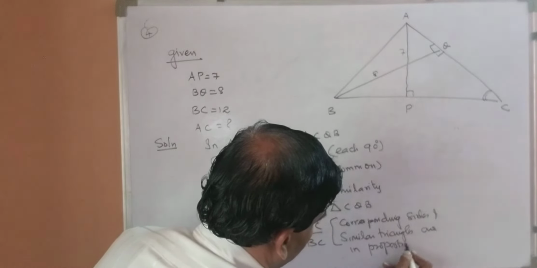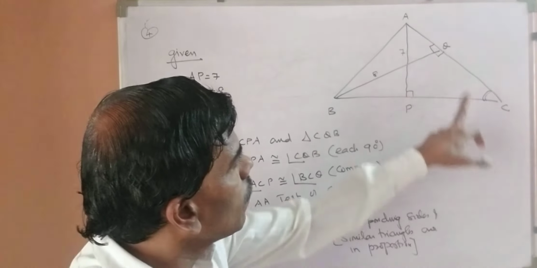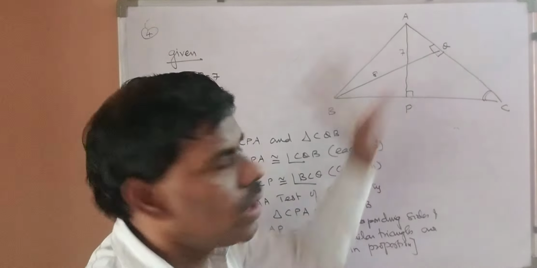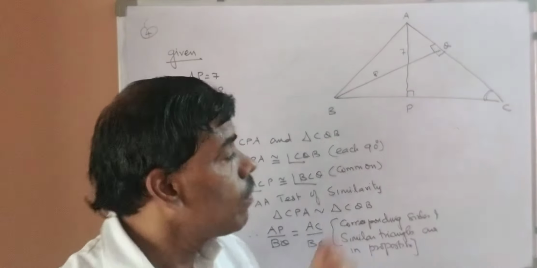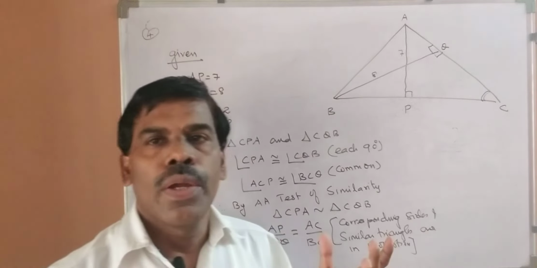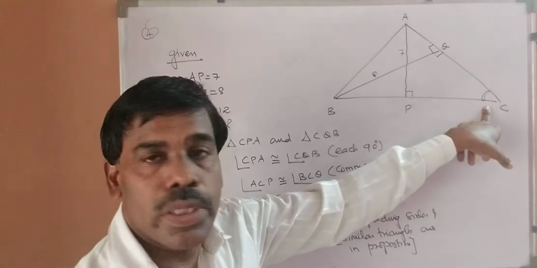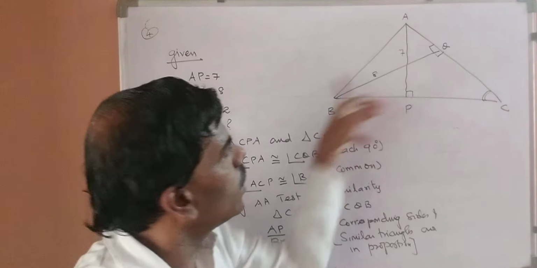Now I will tell you what we did, very simple. This angle is congruent to this angle, so we have got one angle congruent. Then we try to find one more angle congruent in both triangles. We got this because C is common to both triangles.